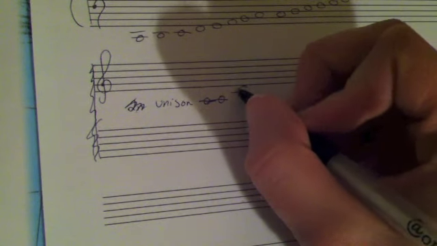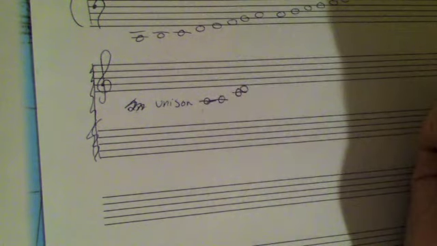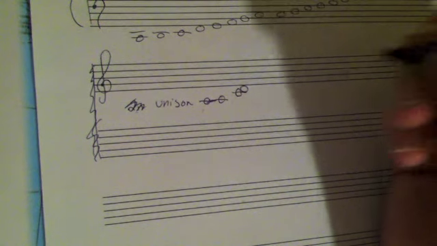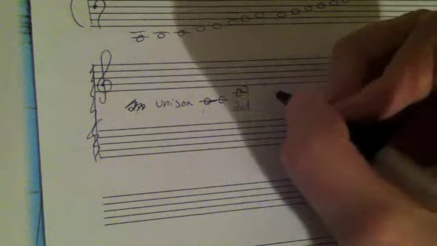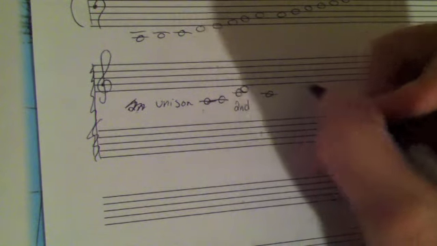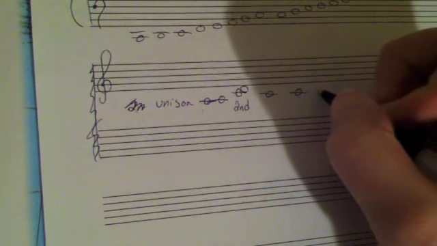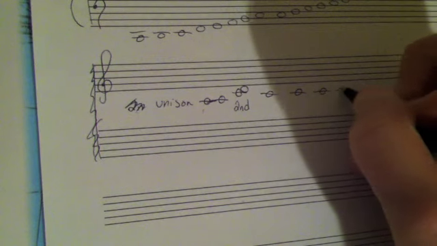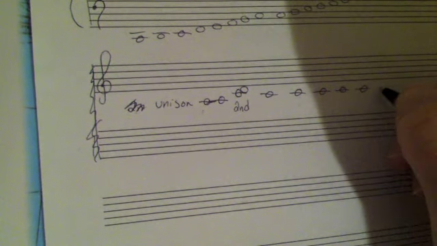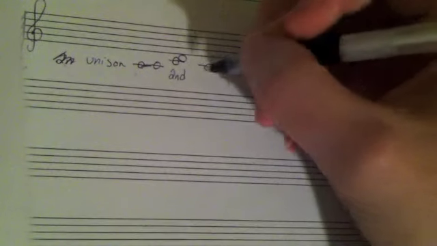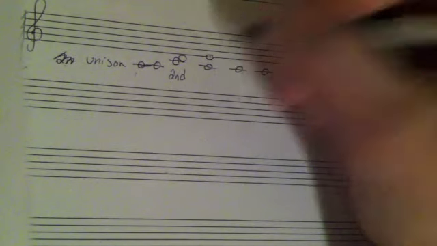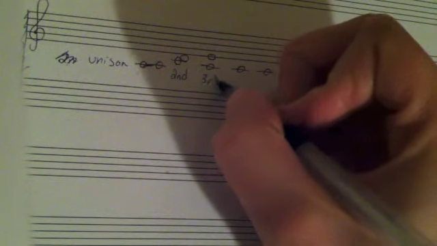If I had a C and a D beside each other, playing them at the same time, that's called a second. C. I'm going to draw a bunch of C's. Because I'm going to do these all from C for now. C to E is a third.